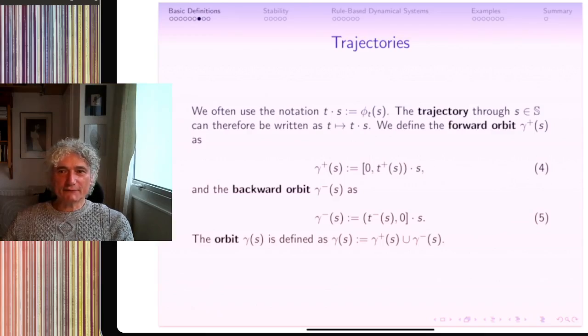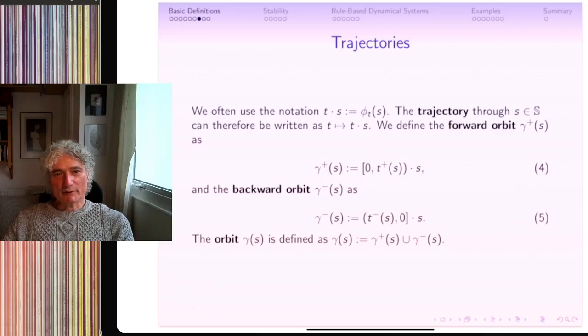We define the forward orbit gamma plus of s as just the whole shift from the zero element up to the existence time t plus of s applied to s. So we shift all the way until we can do that no longer. Of course, in principle, t plus of s can also be infinity, so we can shift forever.